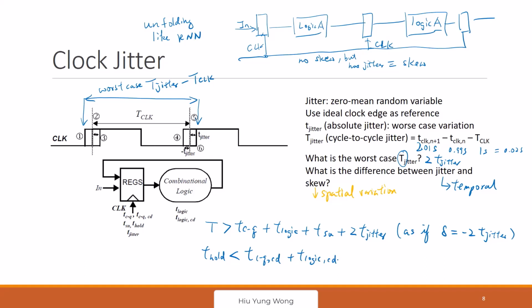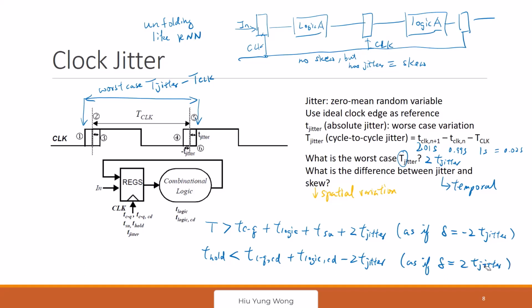And I want to make it worse because as an engineer, you always look for the worst situation to safeguard against it. What can make it worse? It must be making T hold smaller, so I subtract 2 T jitter. And here, as if the delta is 2 jitter.